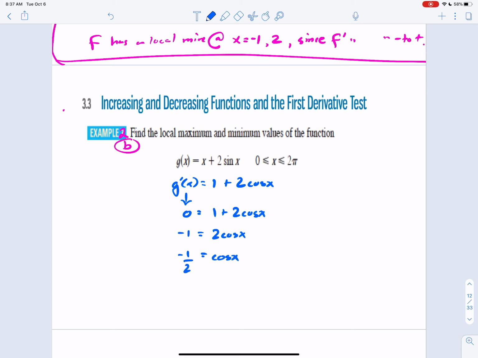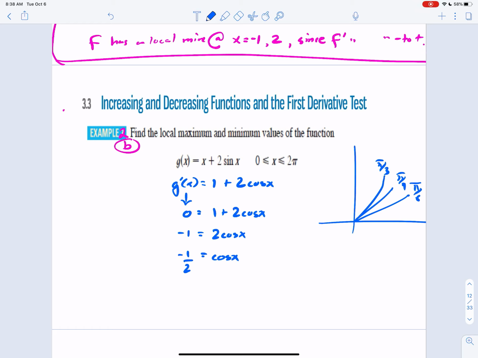And this is where you guys got to think about your unit circle, okay? So first things first, where is cosine 1/2, right? You guys always have 3 choices here. It's either pi over 6, pi over 4, and pi over 3. Okay?